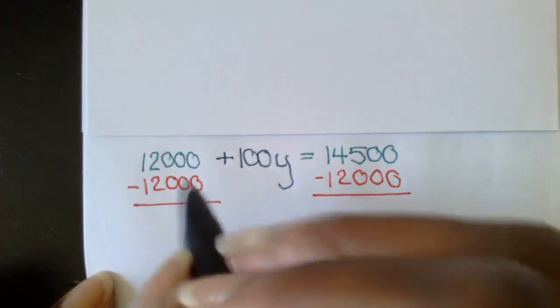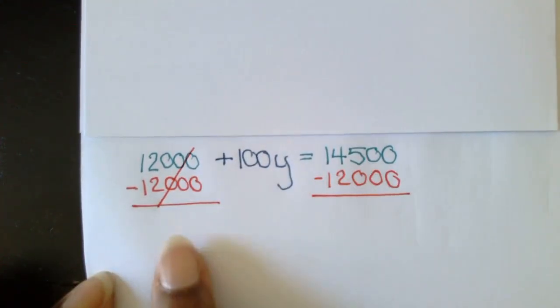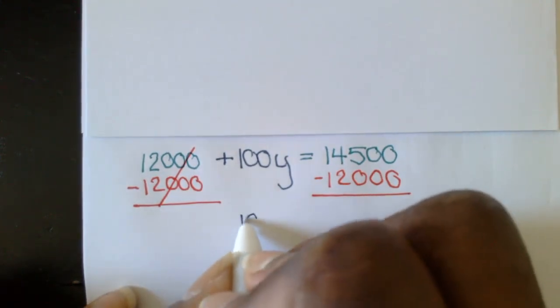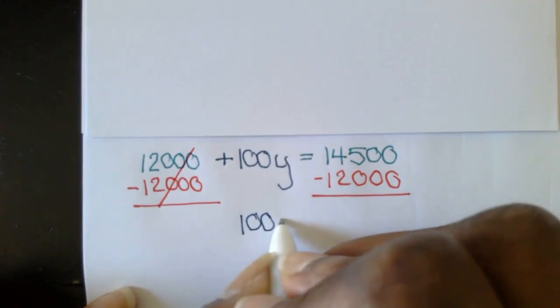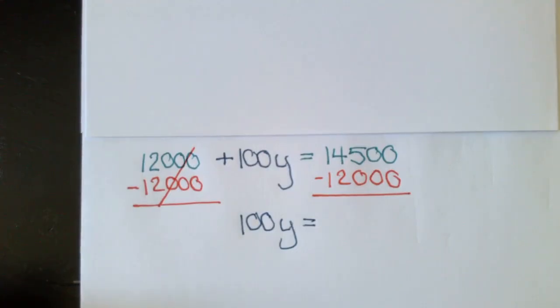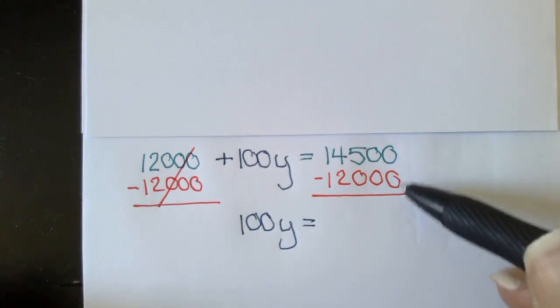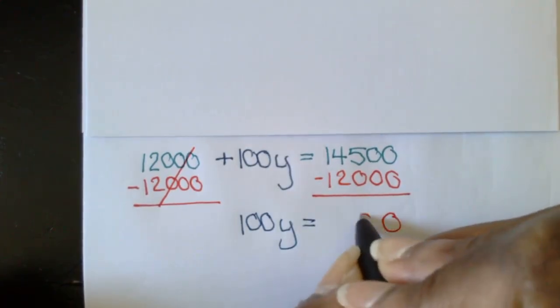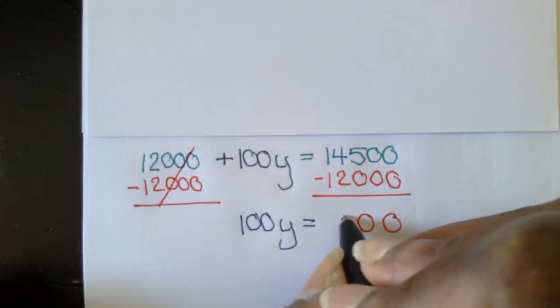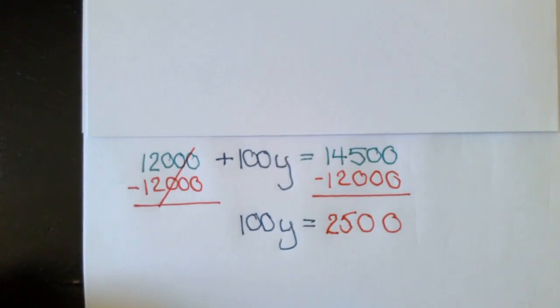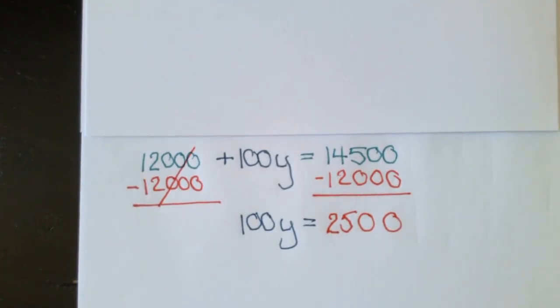So 12,000 minus 12,000 will give me 0, but I don't need that placeholder because I still have my 100y that needs to come down. So now I subtract: I have my 0, I have my 0, I have my 5, 4 minus 2, and I have my 2,500.